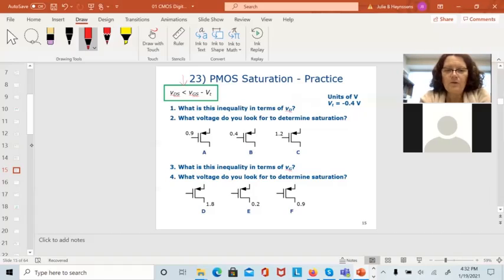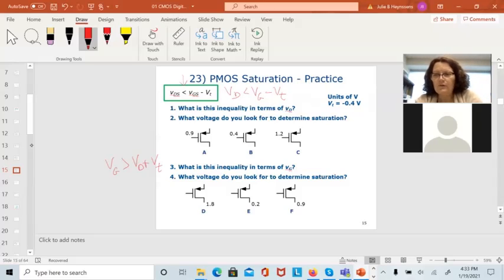If I want to put the inequality in terms of VD, it's just VD less than VG minus VT, since I've just added VS to both sides. If I wanted to solve this in terms of VG, I've got VG greater than VD plus VT. So that's pretty simple. If you just know that one basic equation, you can figure out all the rest.